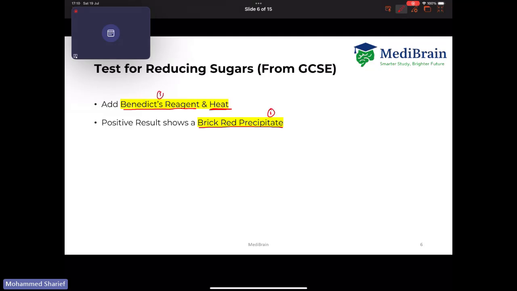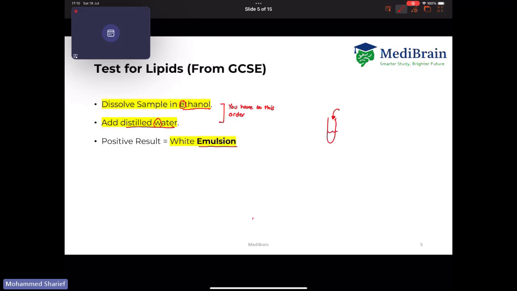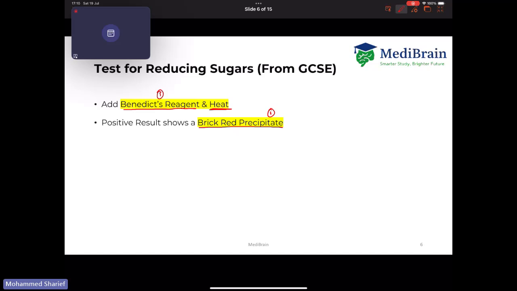You will have 1 mark for the reagent. However, in lipids, you have 2 stages where you have to add in ethanol, then water, and it will always say needs to have correct order, or you will get it all wrong. Okay, so there are your 3 marks for lipids, and here are your 3 marks for reducing sugars.